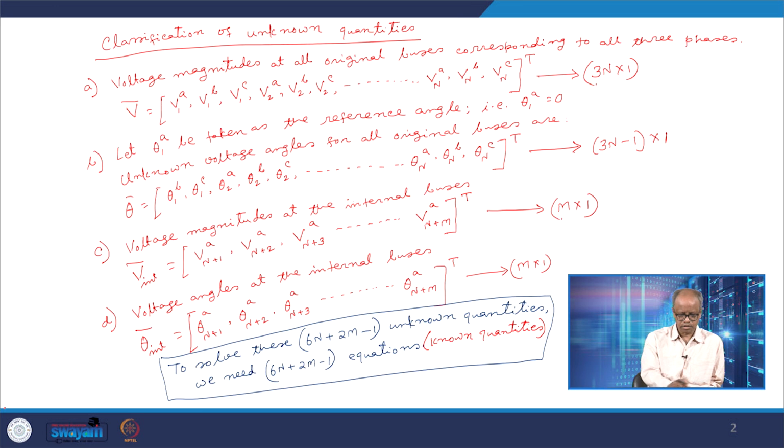quantities. And these unknown quantities we are trying to put in a vector V1a, V1b, V1c up to Vna, Vnb, Vnc. And then we also have the unknown angles except the angle at bus 1 at phase A, which is taken to be the reference angle.